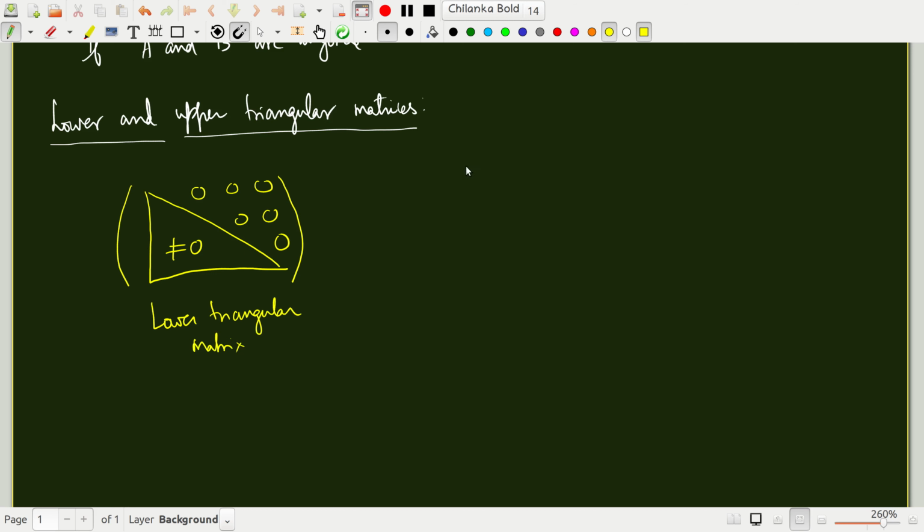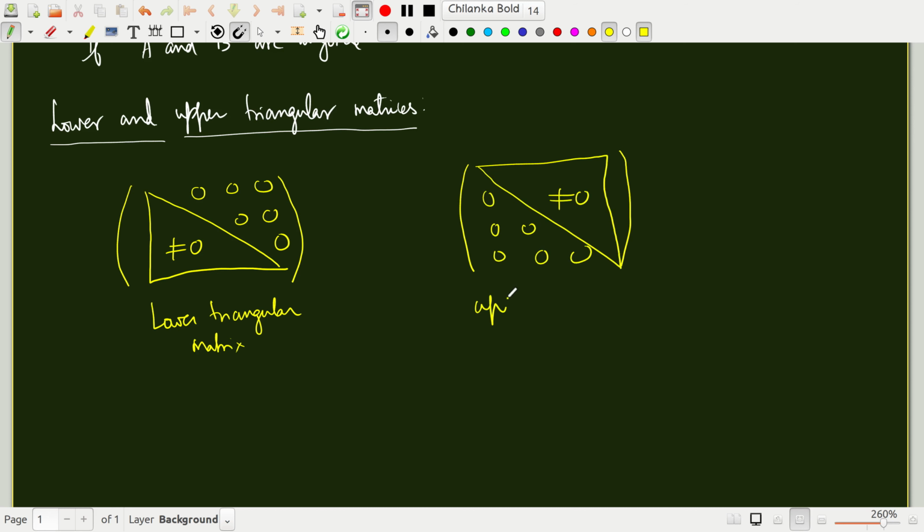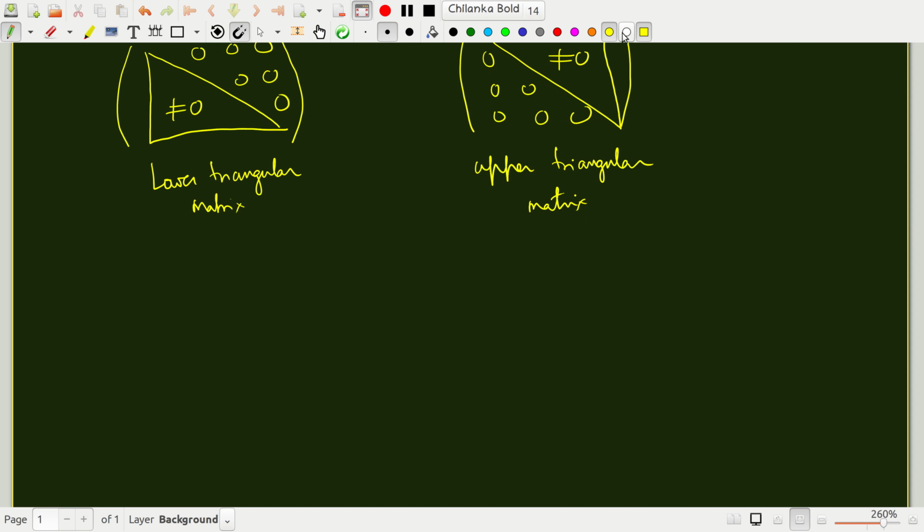Of course, you will now guess what an upper triangular matrix would look like. Suppose this is the diagonal. These matrices have entries along the diagonal and the upper side of the diagonal to be non-zero, and along the lower side it's 0. Such a matrix is called an upper triangular matrix. Now what are the advantages of these matrices? All these special matrices have some convenient properties.